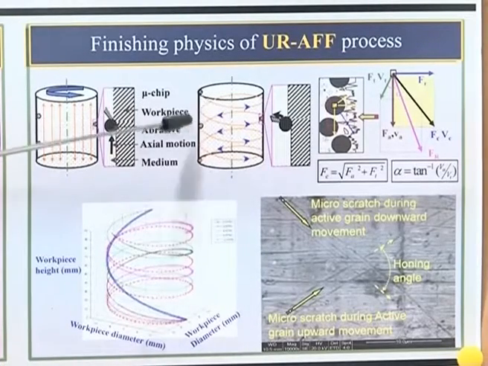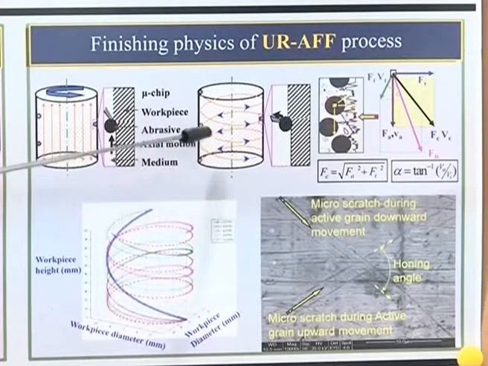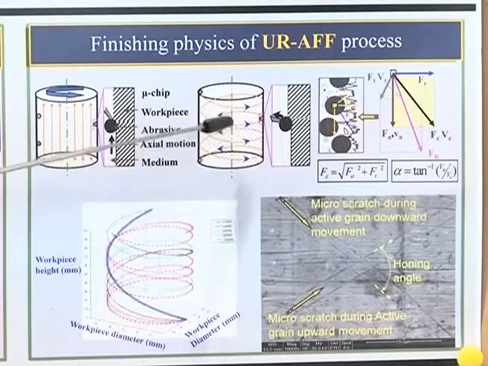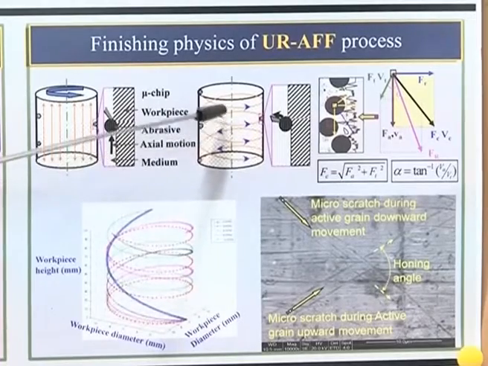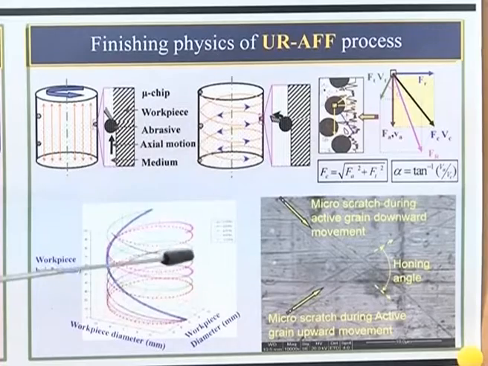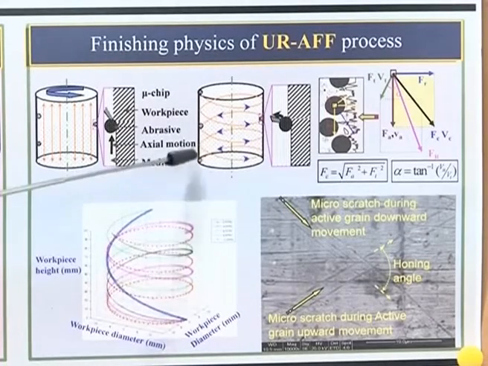In the rotational abrasive flow finishing process, the medium is reciprocating as well as the workpiece is externally rotated. Because of these two motions, the active abrasive particles will follow a helical path.